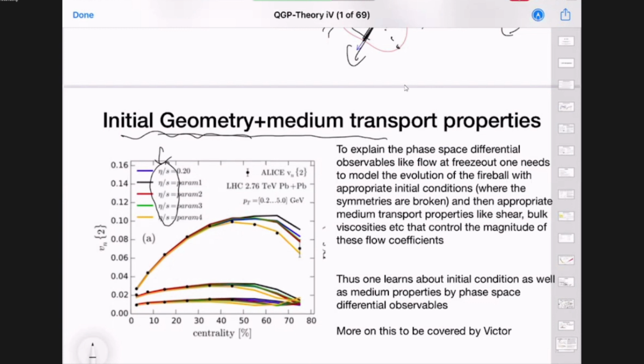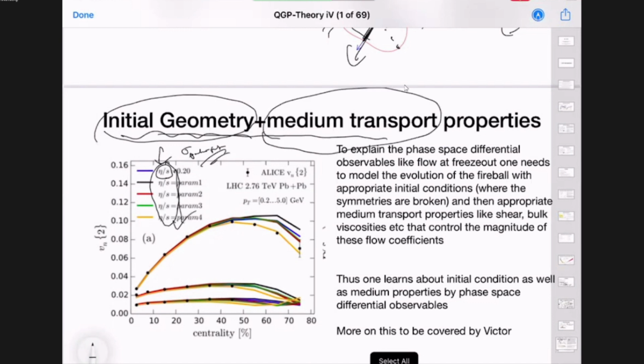So in a hydrodynamic framework, in terms of shear viscosity or bulk viscosity, and in a microscopic transport approach, in terms of those parton cross sections, these transport coefficients can be tuned. What you could see then is that for the same initial geometry, when you are varying these transport coefficients or parton cross sections, you are actually playing with the medium transport property. Of course, in nature it's some unique value, whatever QCD is.